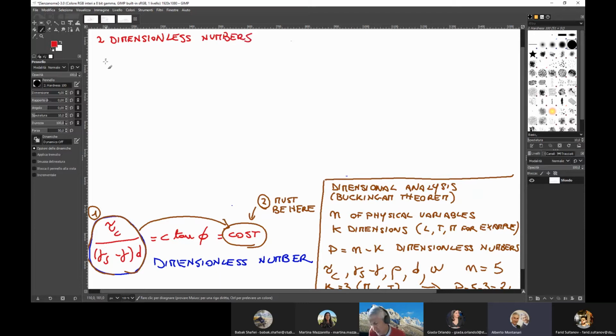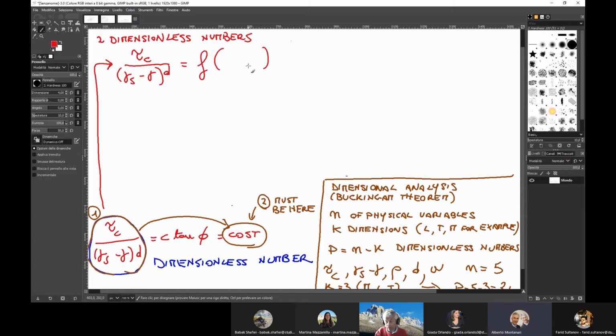Okay, then I can write the equation in this way. Tau C divided by, sorry, gamma S minus gamma D. This is equal not to a constant, but it's a function of another dimensionless number.